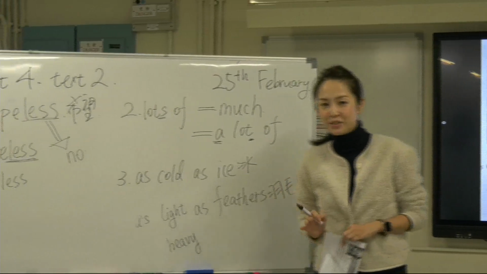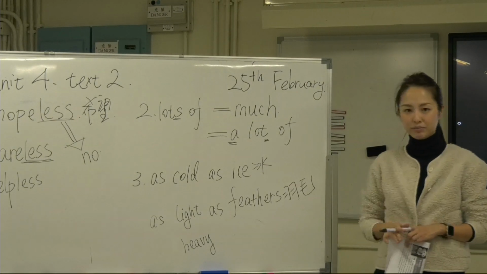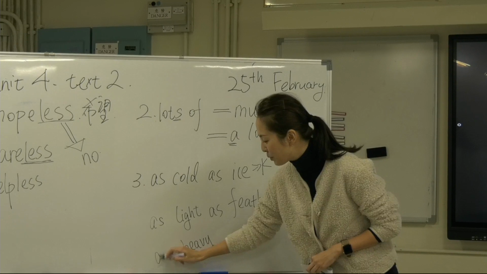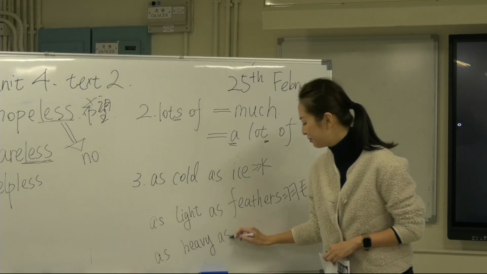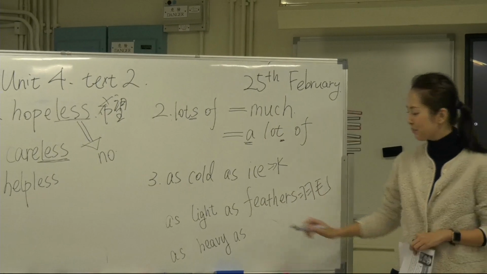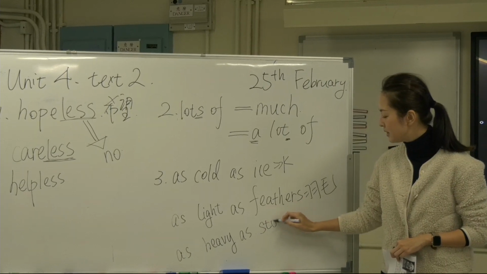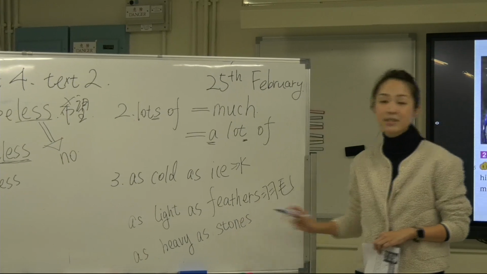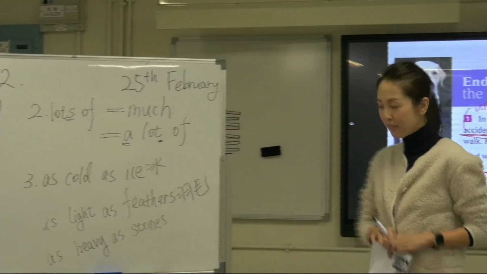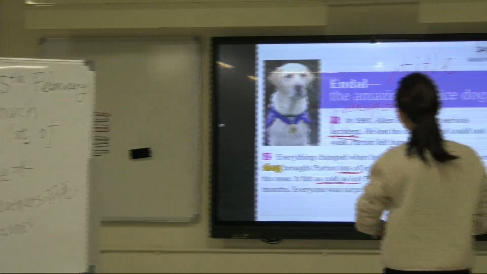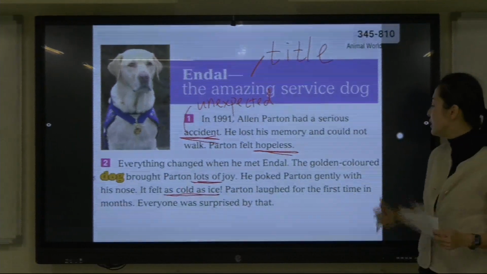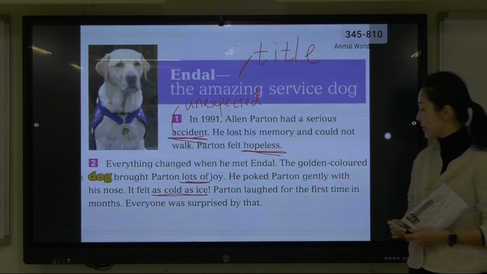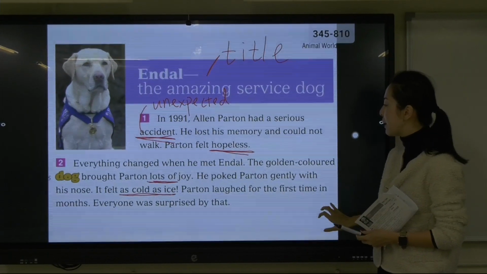I'll give you 3 seconds to think about another word. As heavy as what? 好似乜嘢咁重呢? As heavy as maybe stones. 石頭. Okay, as heavy as stones. So Patton laughed for the first time for months. Everyone was surprised by that.